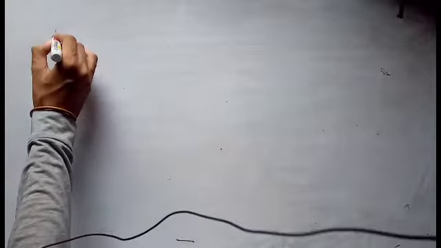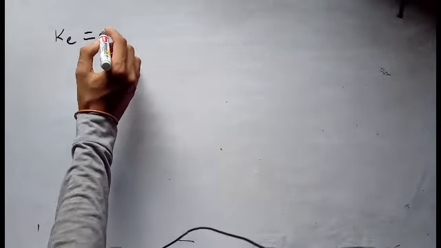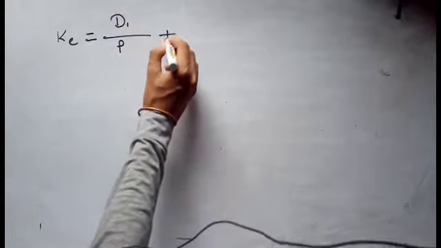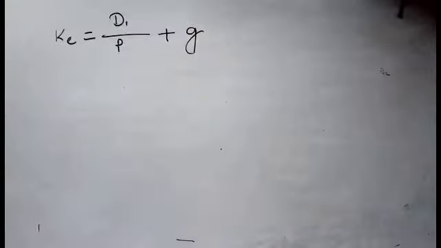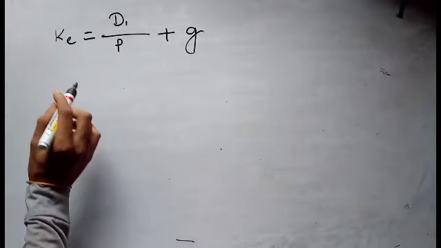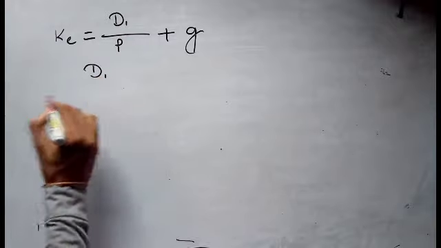In the dividend growth model method, if we want to calculate cost of equity as KE, the formula is KE equal to D1 by P plus G. Here KE is cost of equity, and what is D1?